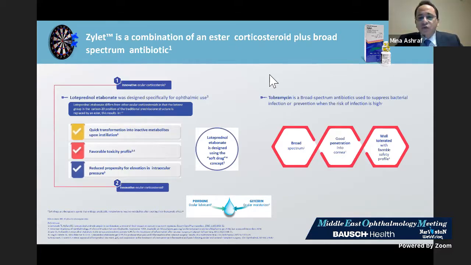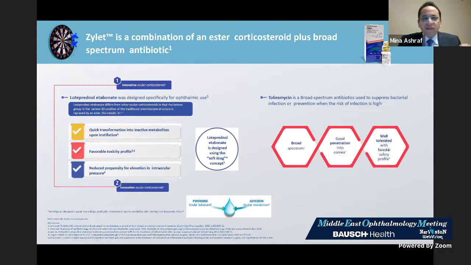In addition there is tobramycin, a broad-spectrum antibiotic used to suppress bacterial infection or for prevention when the risk of infection is high. Tobramycin has good penetration into the cornea, and it's well tolerated with a favorable safety profile. In addition to loteprednol etabonate and tobramycin, Xylit also has povidone and glycerine, which are an ocular lubricant and moisturizer to improve ocular comfort and moisture.